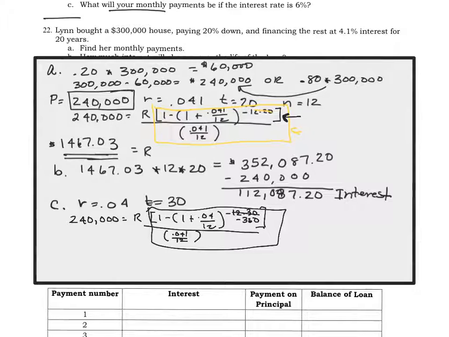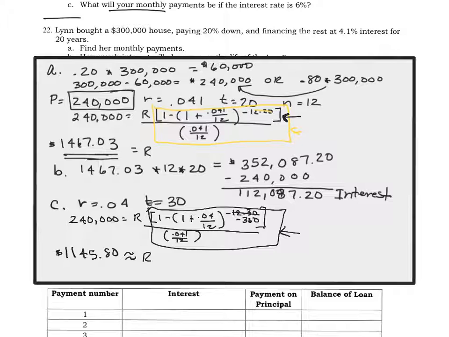We take the 240,000 divided by this quantity, and I get R equals $1,145.80. So that's just the regular monthly payment.